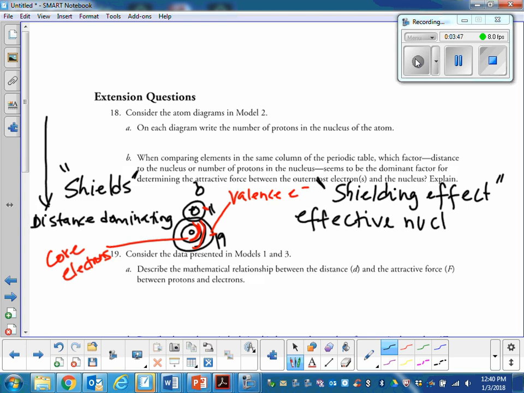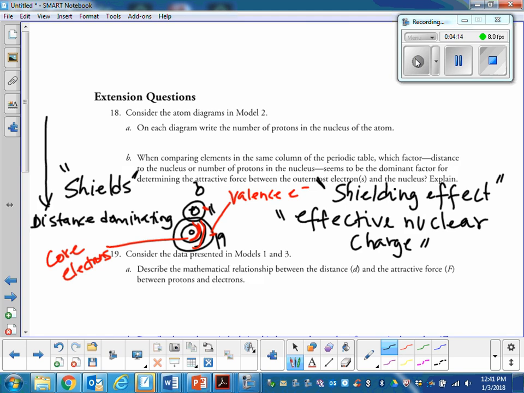An effective nuclear charge is always less than the real nuclear charge. This outermost valence electron does not experience the force due to 19 protons. It experiences a far lesser force, because of the presence of shields, which are the core electrons.